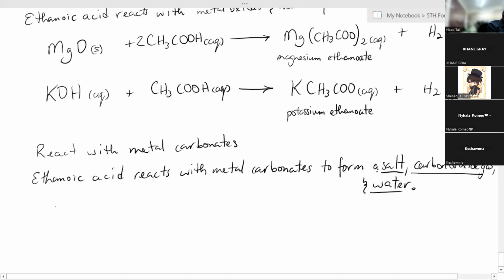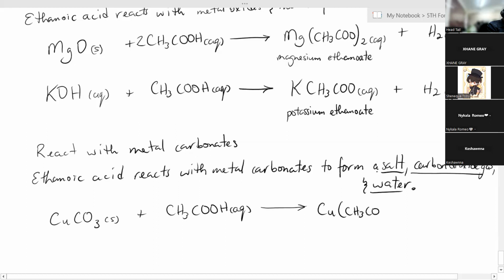So, an example: they use copper carbonate, solid form, plus CH3COOH, aqueous. That is going to react to form copper, which carries a 2+ charge, (CH3COO)2, aqueous, plus CO2 plus H2O.